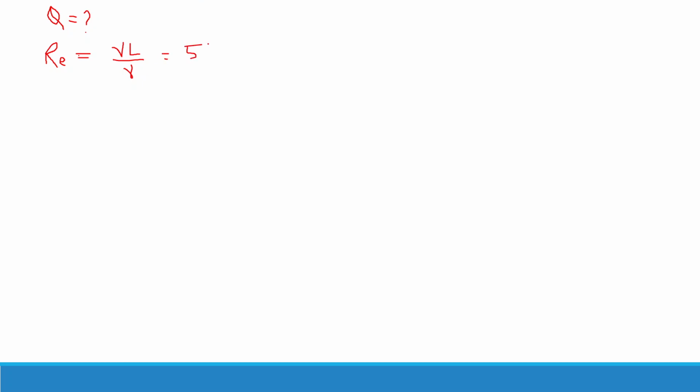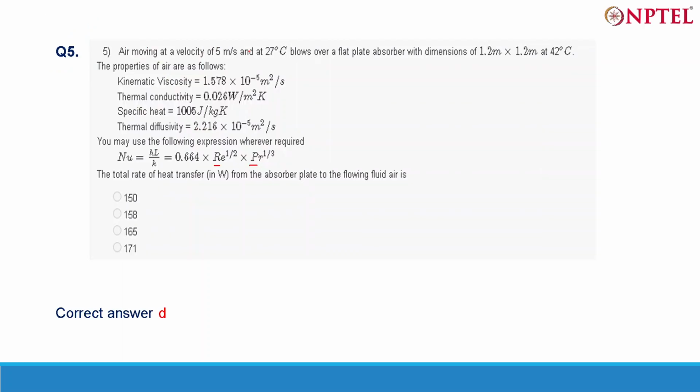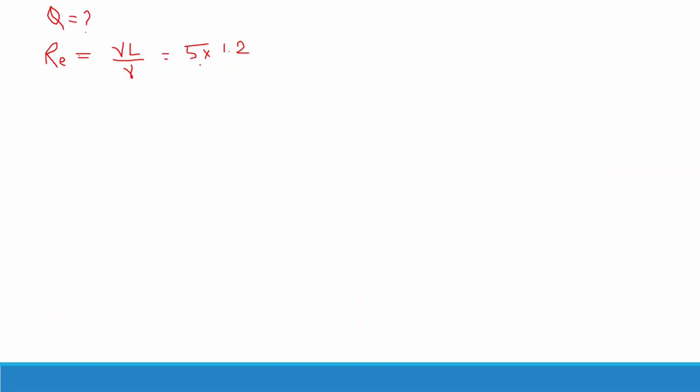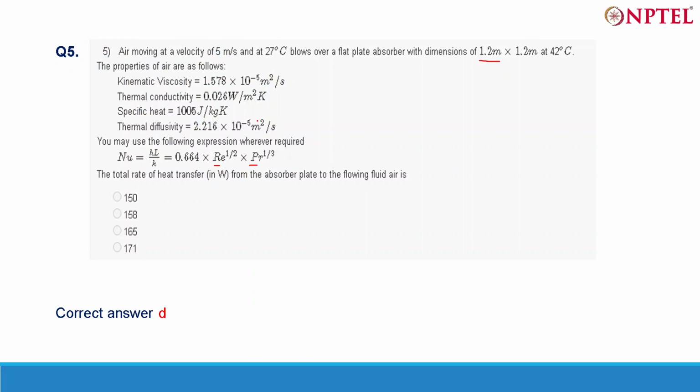V is given 5, L is given 1.2, and then mu equal to 1.578 into 10 to the power minus 5. So how much is this? Please calculate. So the mu value is taken from here.